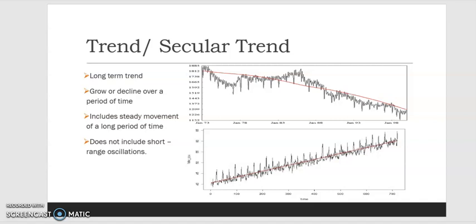The small variations occurring within the data are not focused upon, but on an overall basis, is my value of the variable increasing or decreasing? That is what we are focusing upon, and it does not include short range oscillations. So this is all about trend, which is also called secular trend.